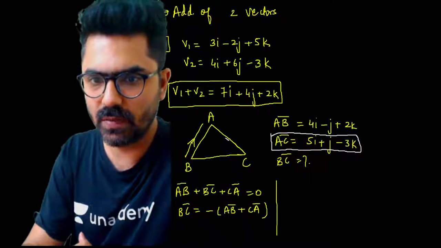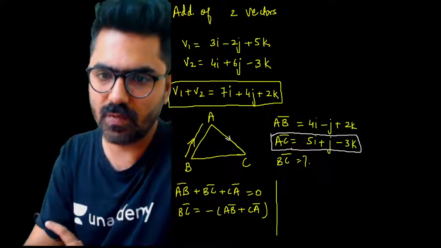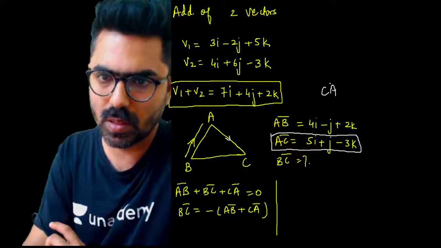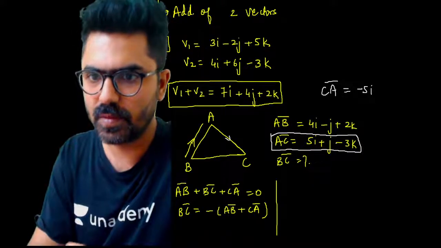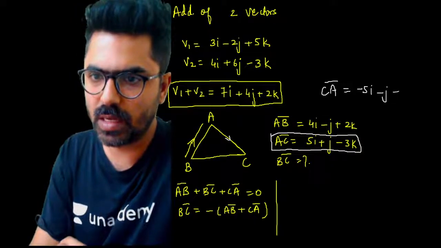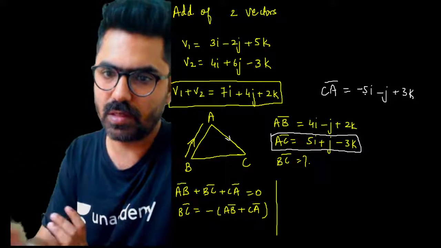AC vector is given, but we need CA vector. So let's write the CA vector over here. Instead of 5i, I'll write minus 5i. Instead of plus j, I'll write minus j. Instead of minus 3k, I'll write plus 3k. So this is nothing but the CA vector.